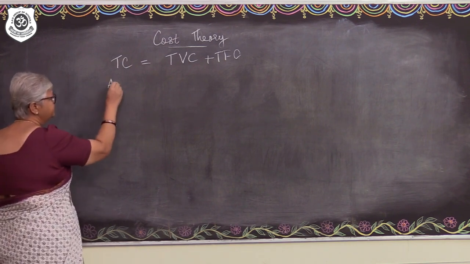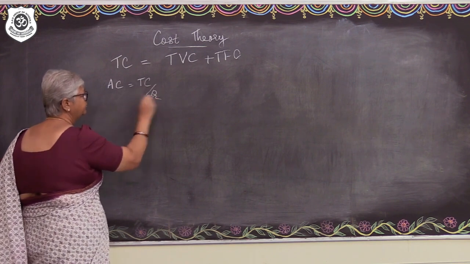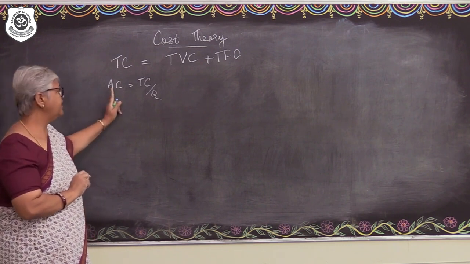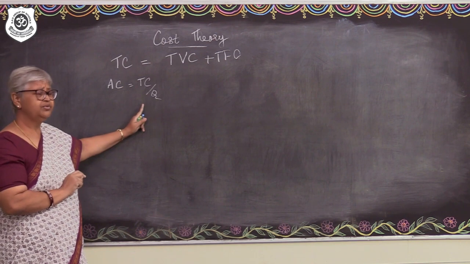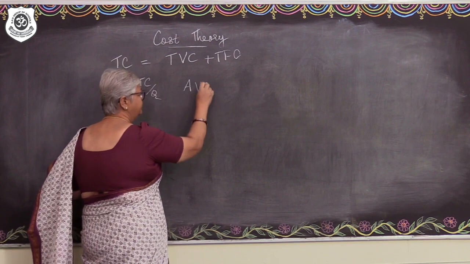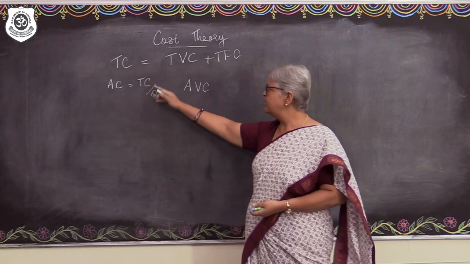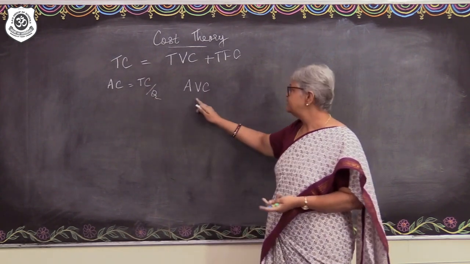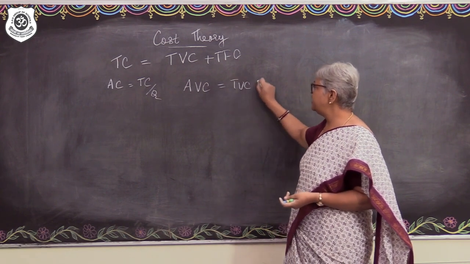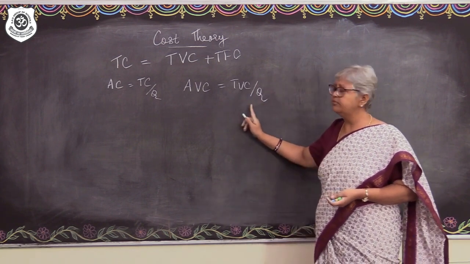So, AC is nothing but the TC divided by Q. Average cost is the per unit cost of production, or it can be understood as TC by Q. So, the average variable cost, I think it's very apparent from the known identity now and from this derivation, isn't it? Average variable cost can be understood as the per unit variable cost of production, or it is TVC by Q.